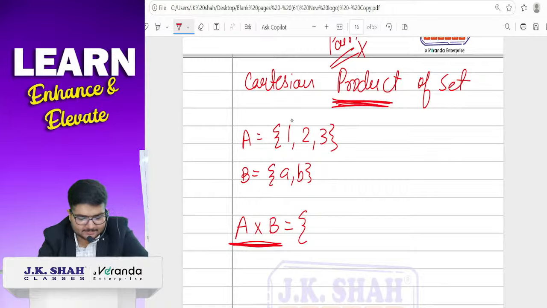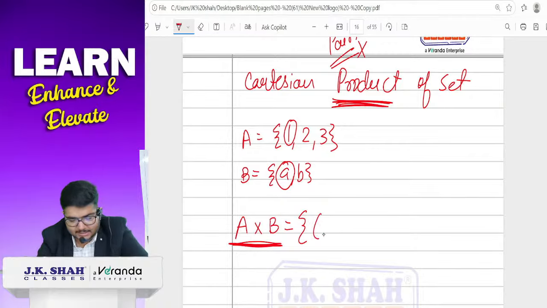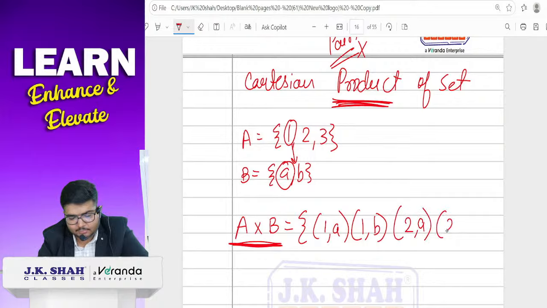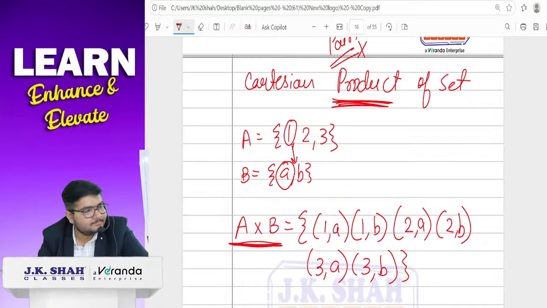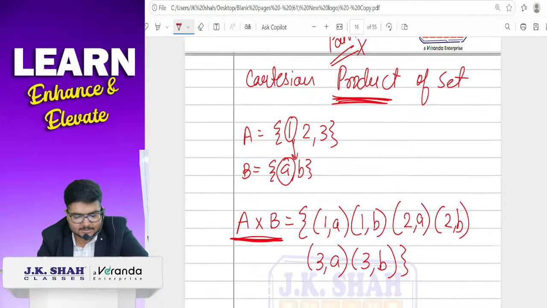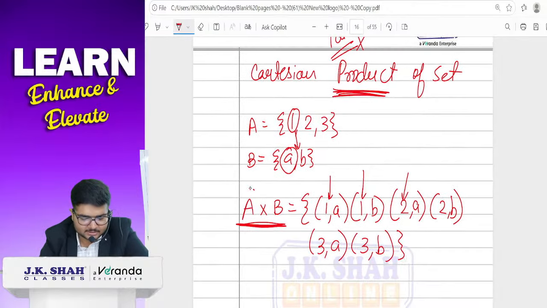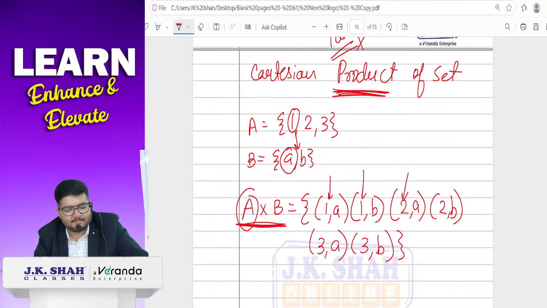First we take an element of A and pair it with an element of B: 1A, 1B, 2A, 2B, 3A, 3B. Very easy. You just have to make pairs. But remember, elements of A stand first because here A is first.